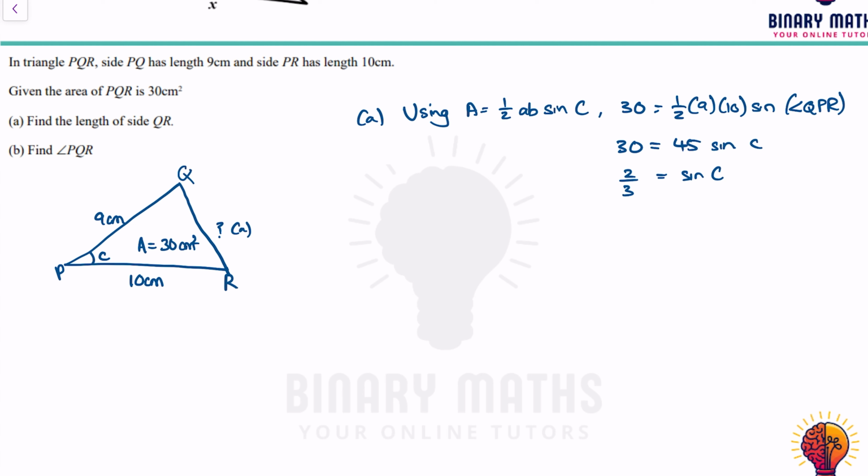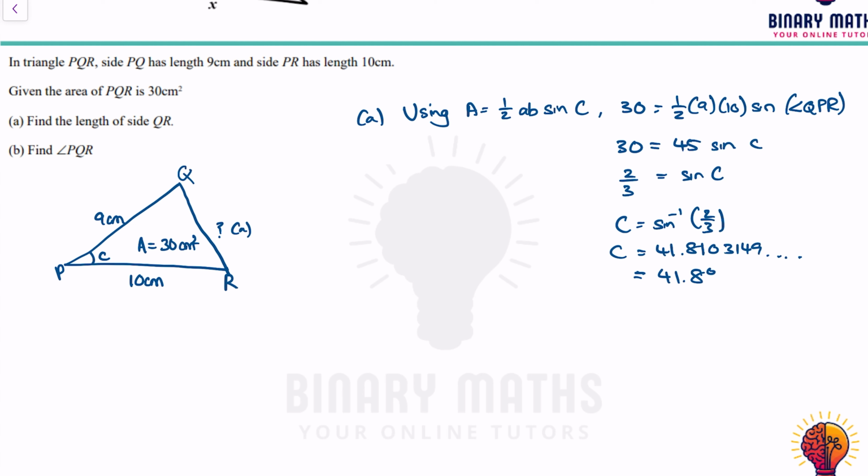Because sine of C is equal to 2/3, C must be equal to inverse sine of 2/3, which is 41.8103149..., which rounds to 41.8 degrees. So I know that the angle at P is 41.8 degrees.